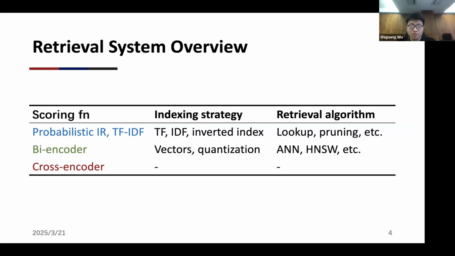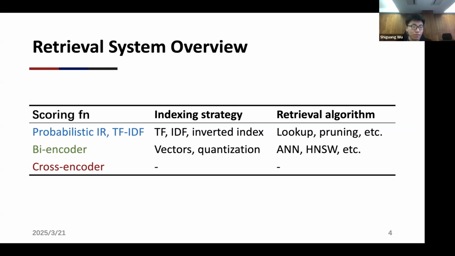For the retrieval algorithm, there are a bunch of approximate nearest neighbor search algorithms, such as small world graph models. If you put these three elements together, we can build the efficient dense retrieval paradigm, which is used quite a lot.